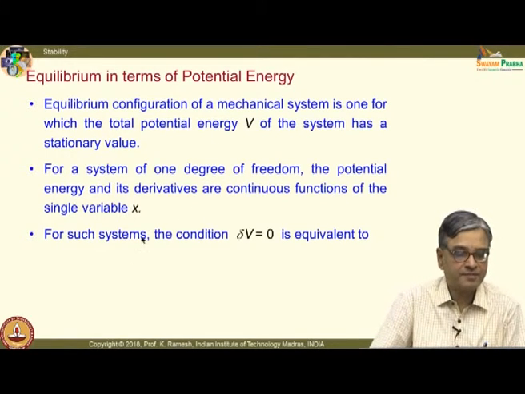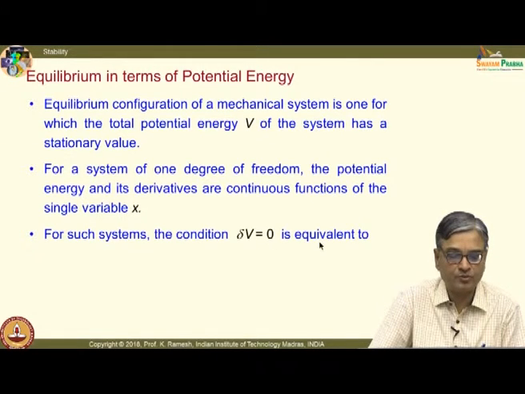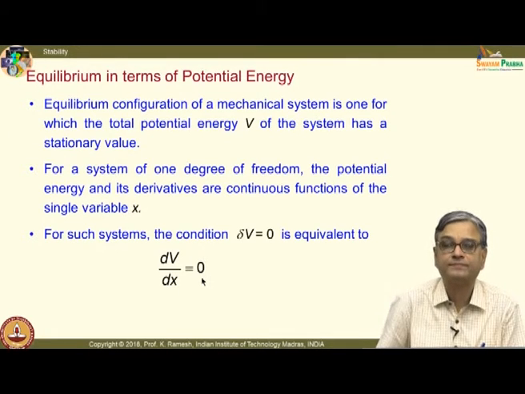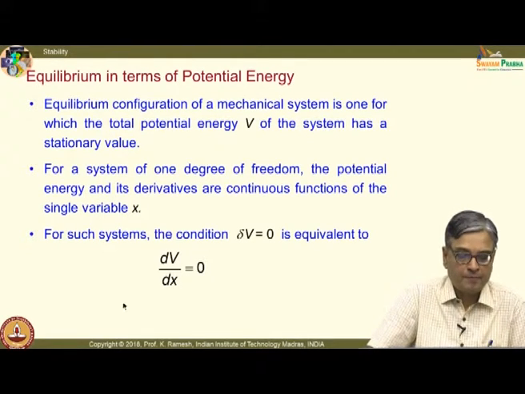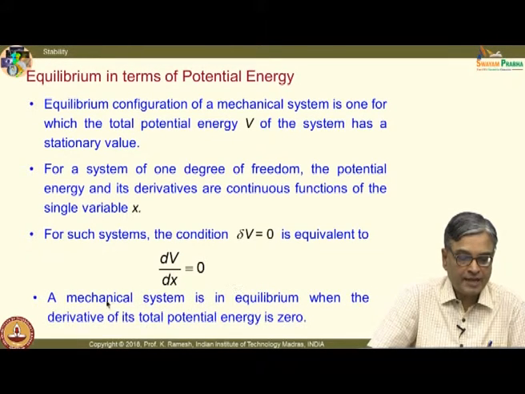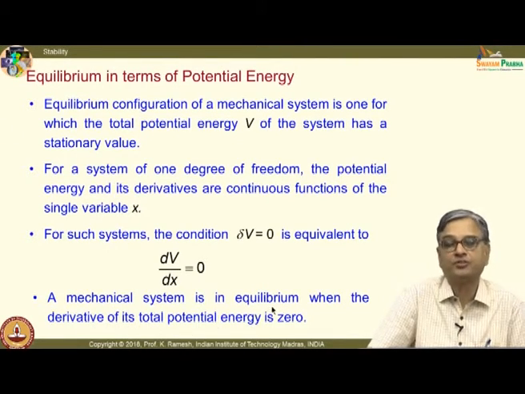For such systems, the condition delta V equal to 0 is equivalent to simply dV by dx equal to 0. So, a mechanical system is in equilibrium when the derivative of its potential energy is 0.